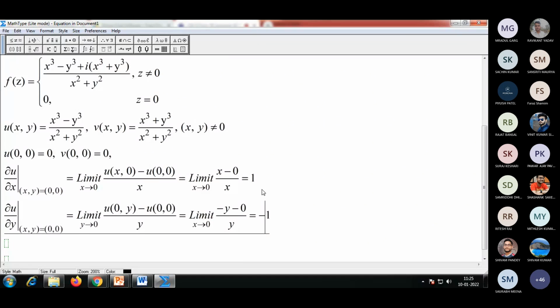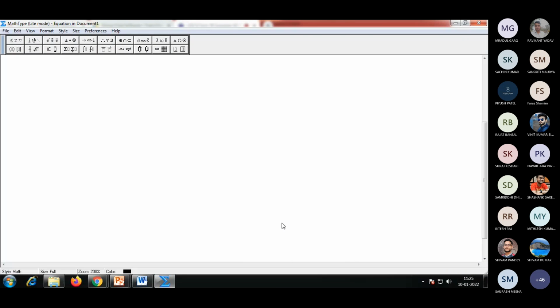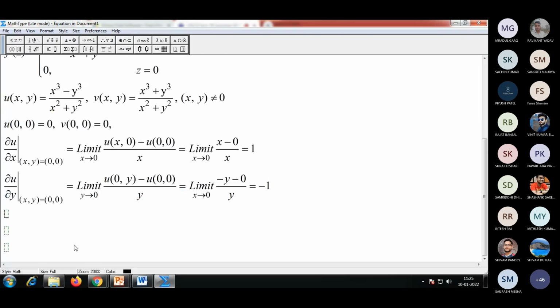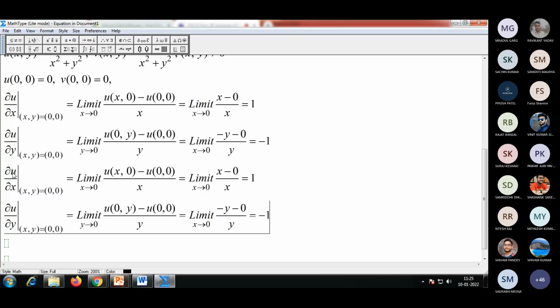Then we will evaluate del v by del x and then del v by del y. So here del v by del x at origin and then del v by del y at origin. So del v by del x, it means here v(x, y), then v(0, 0).